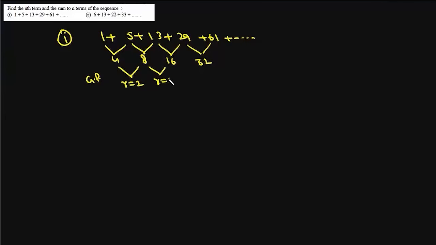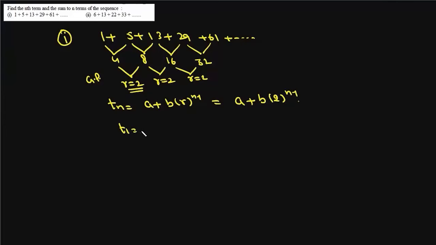So we have this common ratio of 2, and we know that if difference is in GP, then its general term is written as a plus b into r to the power n minus 1, and r in this case is 2. So it will be a plus b into 2 to the power of n minus 1. Now here we have two unknowns a and b. We put n as 1, it will be a plus b, and it will be 1.